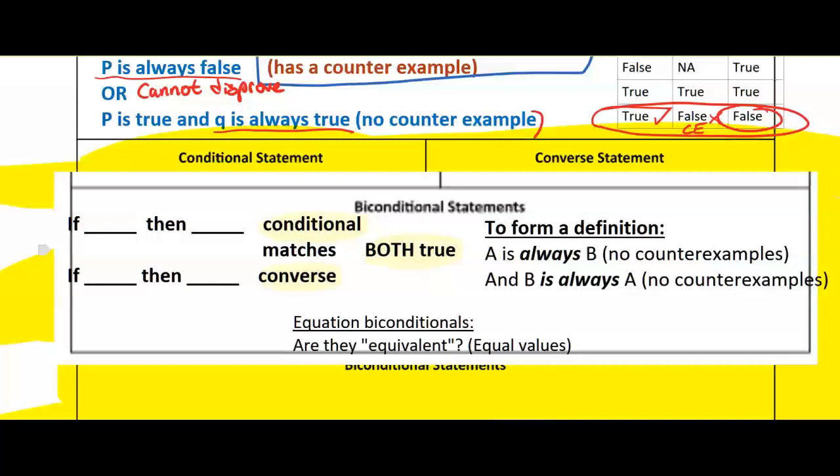If they ask, is this biconditional statement true? Well, is the conditional true? Is the converse true? And they're going to be in the form if A, then B, and then its converse, if B, then A. So we may need to find two statements that match so that the first part matches the second part of another statement, and the first part of this other statement matches the second part of the first statement.